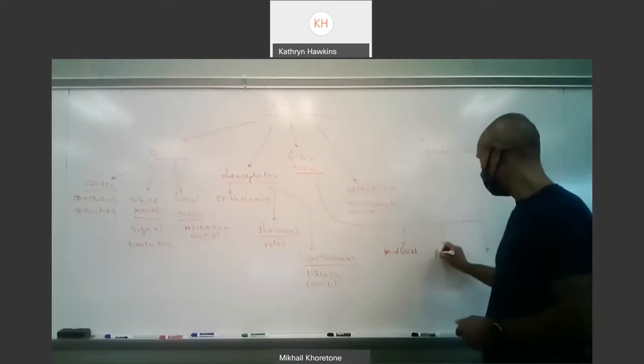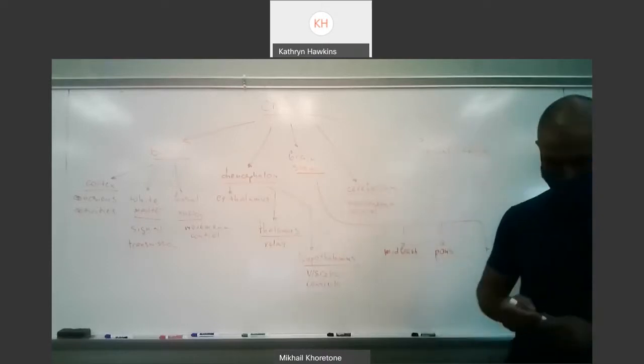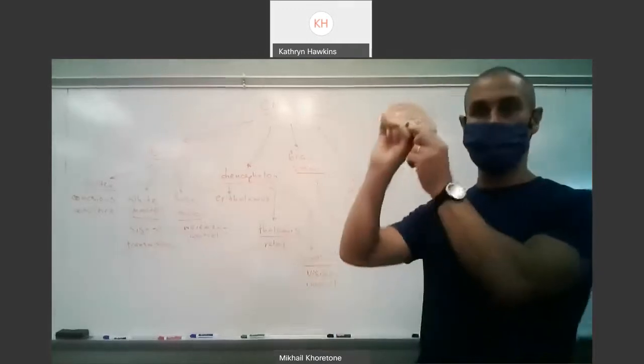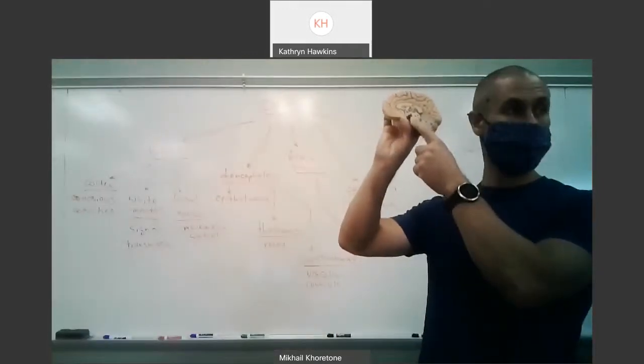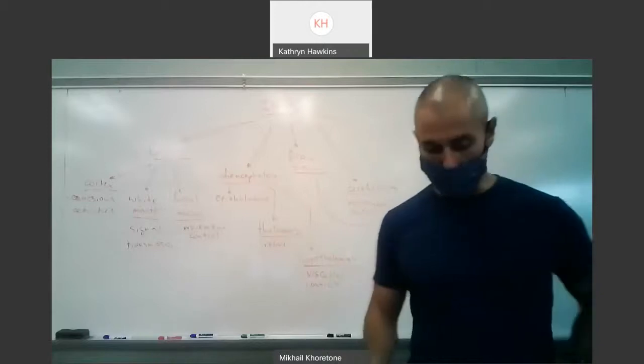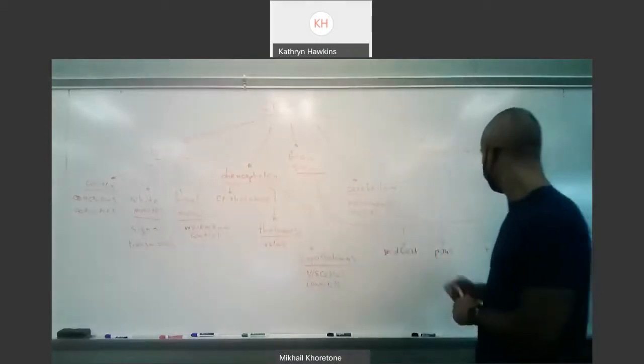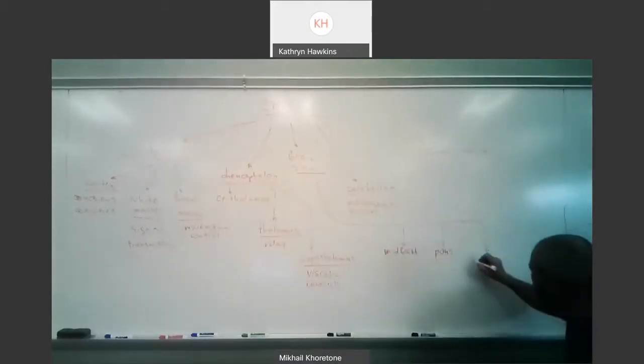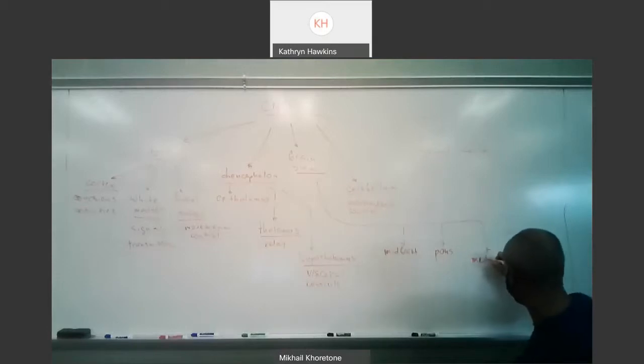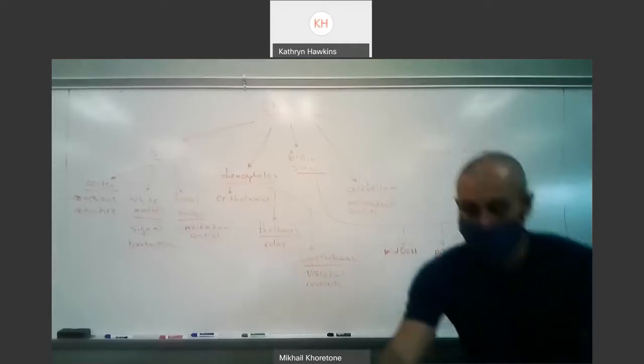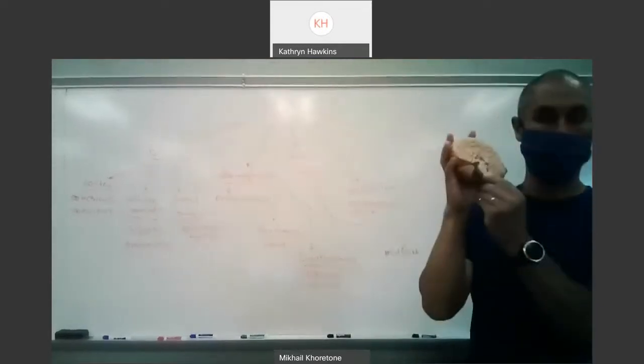Next one is Pons. That bulb right here. Respiratory controls. And finally, the lowest part next to spinal cord, medulla oblongata. So here you have medulla.